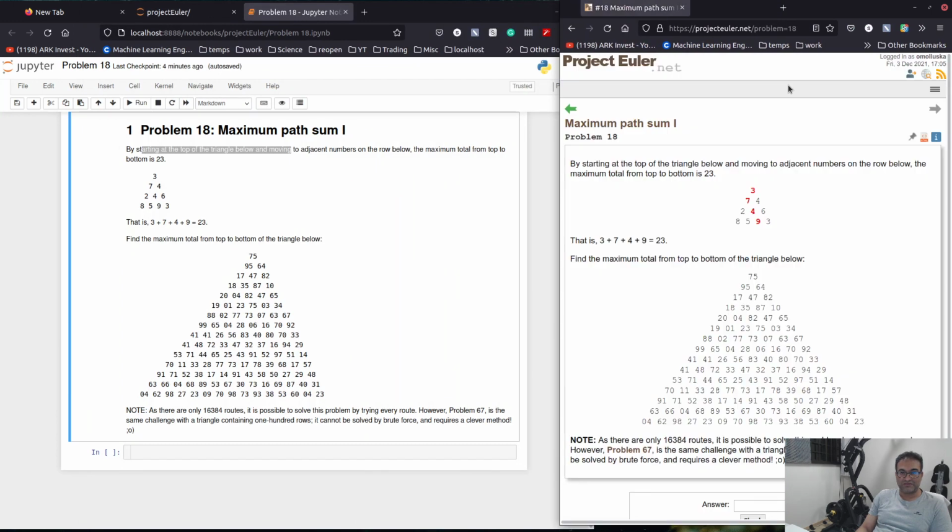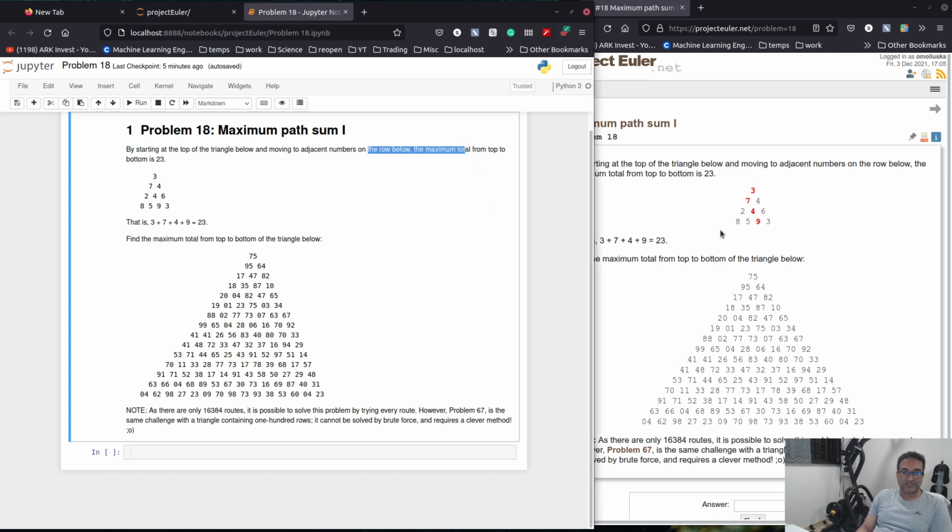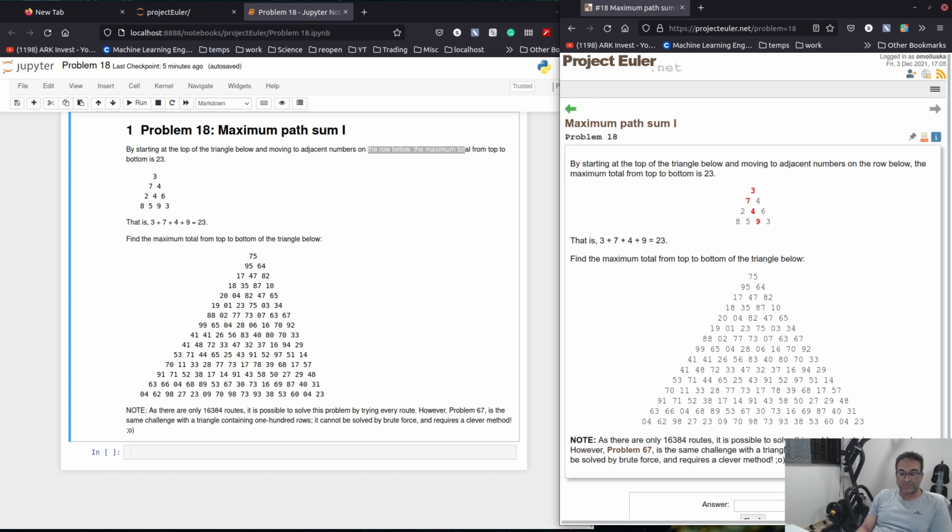Never mind this. It is the same challenge with a triangle containing 100 rows. It cannot be solved by brute force and requires a clever method. Clever method is what we do. So if we are able to solve this problem, we should technically be able to solve problem 67 as well.